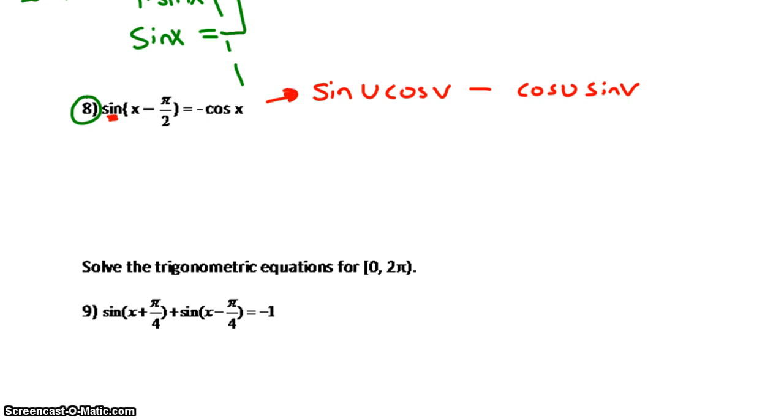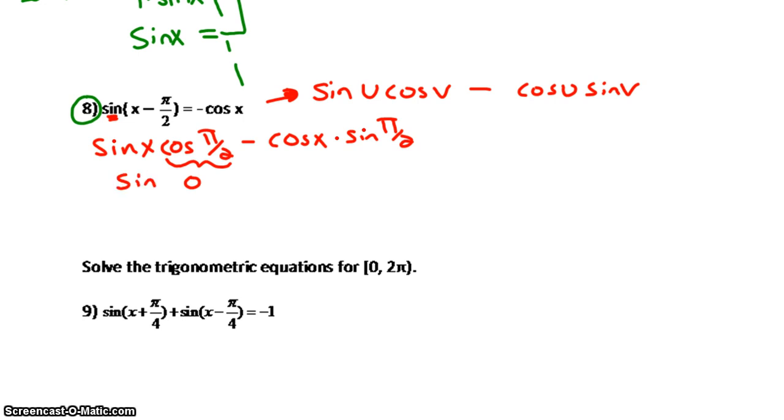Now, what do we get? We get a sine x, and then we have a cosine of our pi over 2, subtract a cosine x multiplied by sine of pi over 2. Working this problem out, we'll see that cosine of pi over 2 is 0.